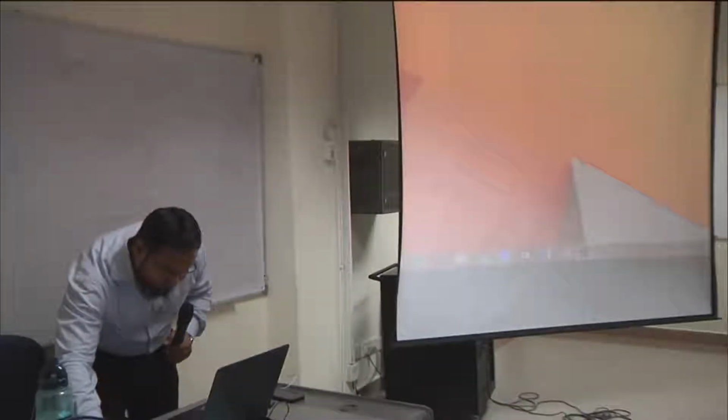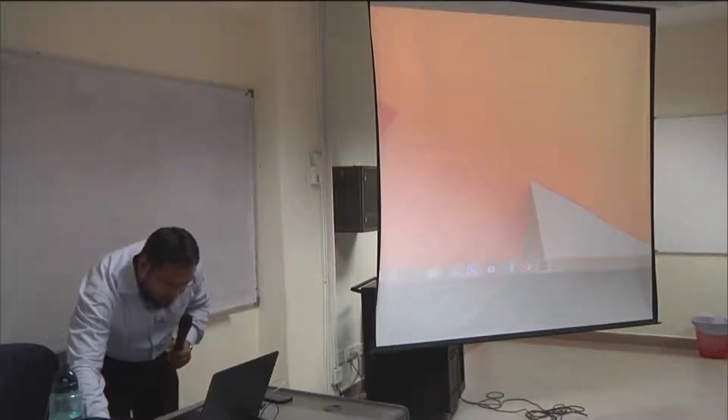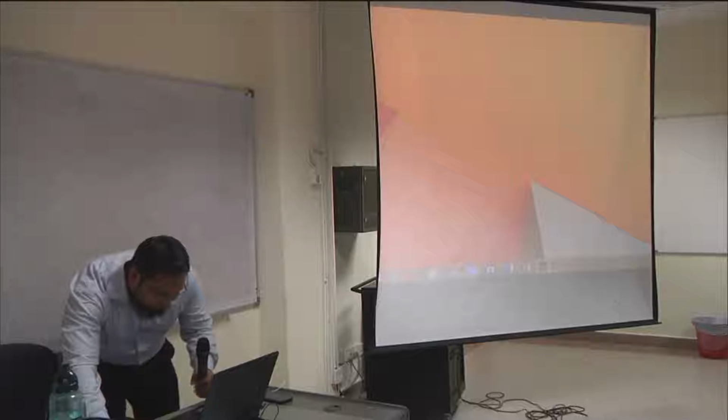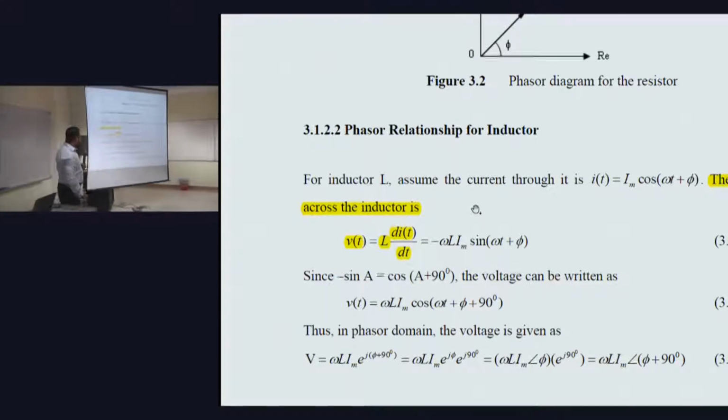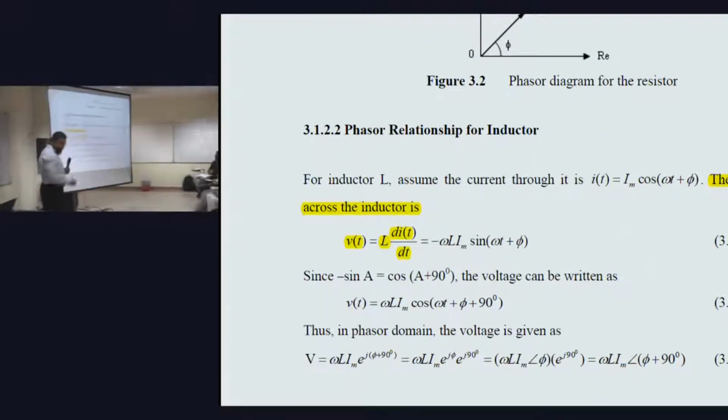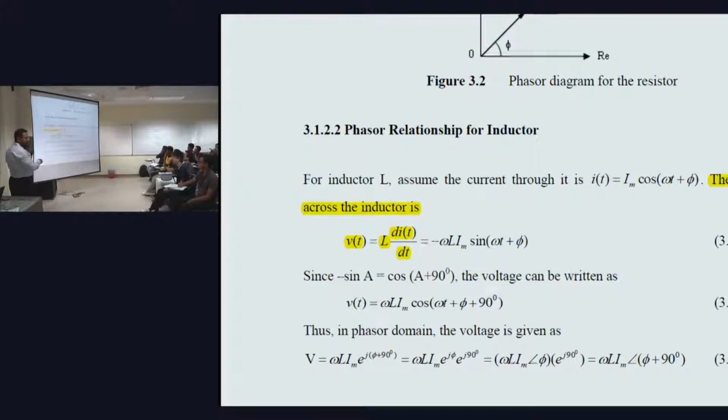All right, let me bring up part of the module just to show you how we derive the impedance for an inductance. First, I want you to concentrate on this relationship here. This is the voltage across an inductor if the current through the inductor is i(t).